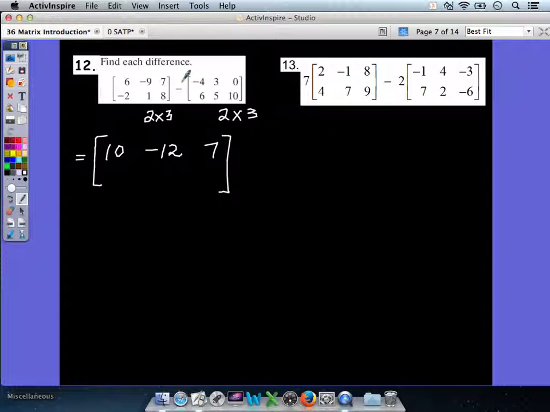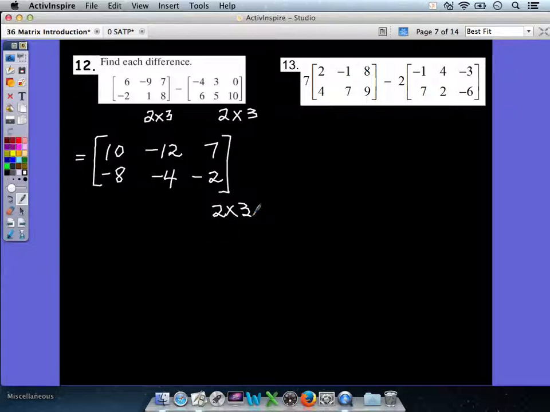Negative 2 minus 6, so that's a negative 2 and a negative 6, which is negative 8. 1 minus 5 is negative 4. 8 minus 10, 8 and negative 10 give you a negative 2. And again, this answer is a 2 by 3 matrix, 2 rows by 3 columns.